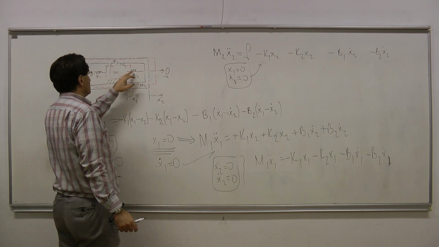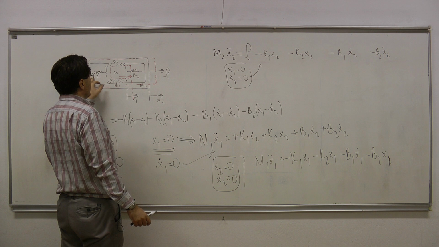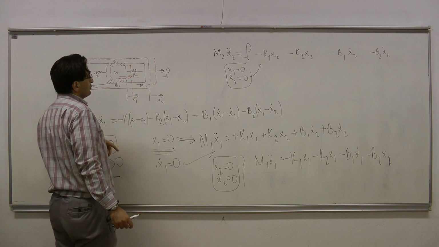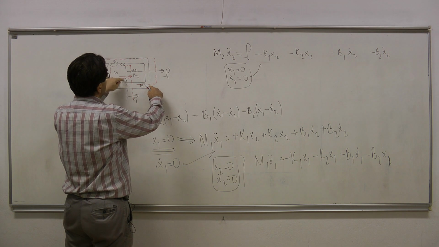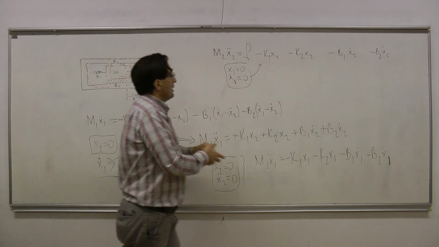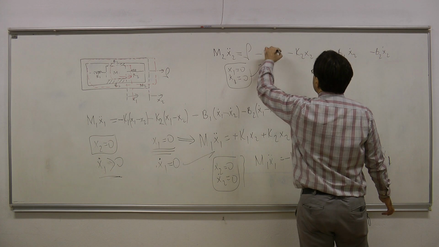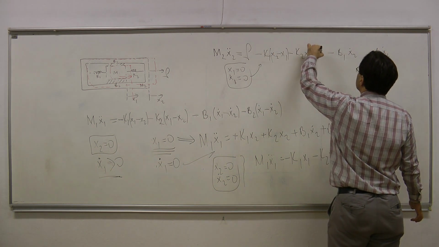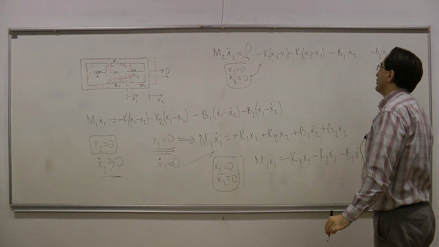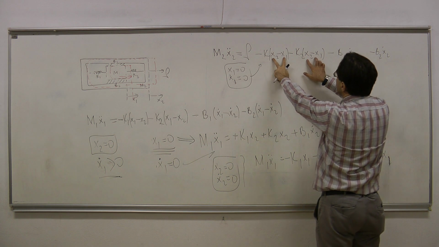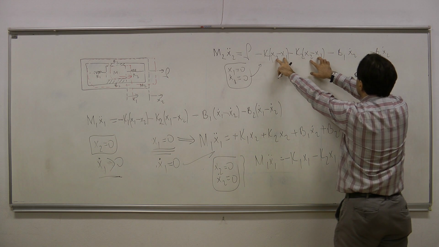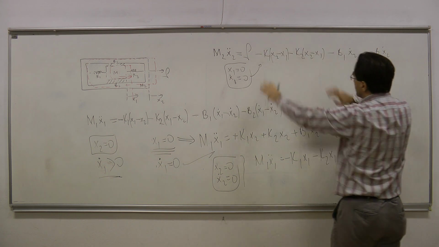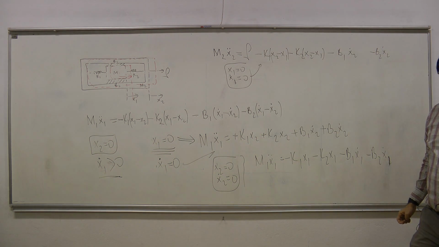Therefore, the forces due to the springs applied onto M2 should be equal to 0 when the displacements of M1 and M2 are the same. That means that I need to subtract X1 here, so that when the displacements X1 and X2 are equal, there is not going to be any spring force on the right.